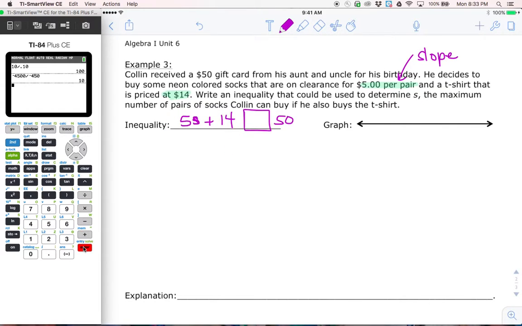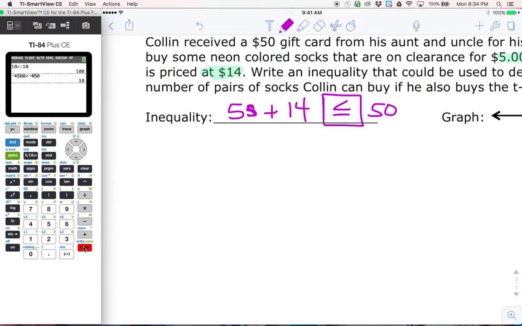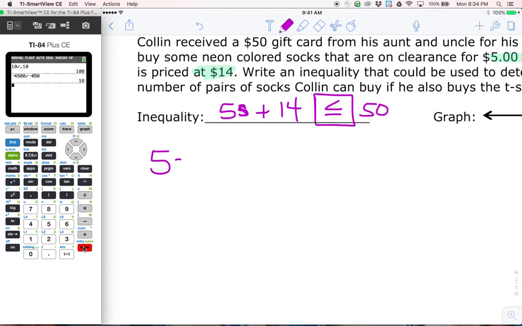This total amount needs to come out to what compared to 50? Well, hopefully less than, possibly equal to 50, right? If that's all he has, that's the maximum he has, then all of this needs to be less than that or possibly equal to that. All right, so we set up our equation. Now let's go ahead and let's solve for this S right here. We got 5S plus 14 is less than or equal to 50.